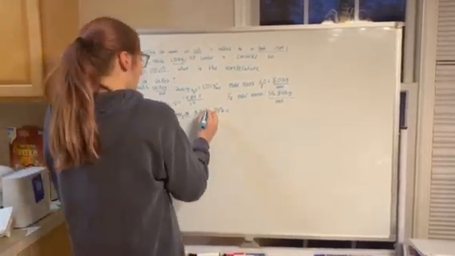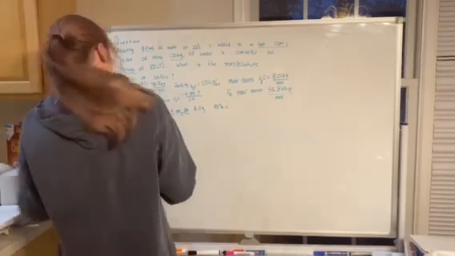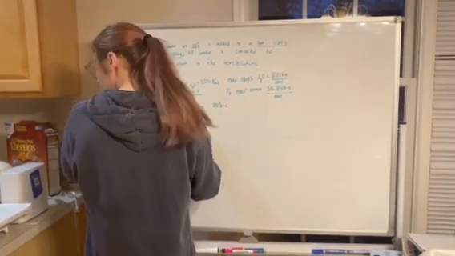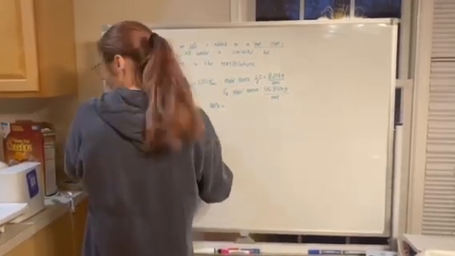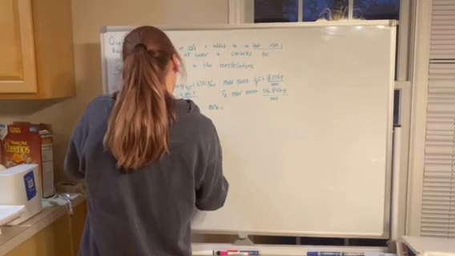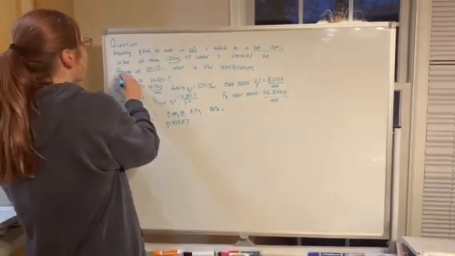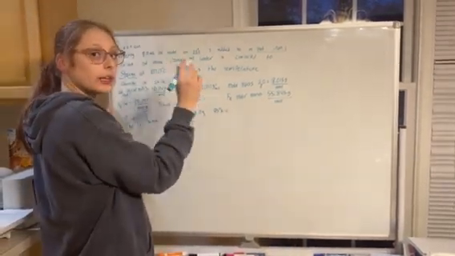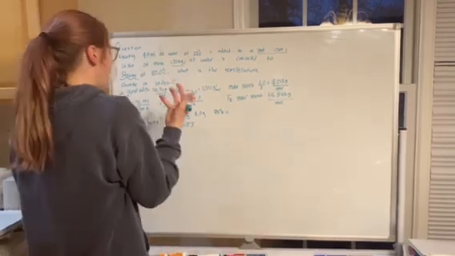So if we plug in these values, we get that Q of the water before it turns into steam is 3,138 joules. But, also important here, it is converted to steam. So we have to also take into account the energy from that.